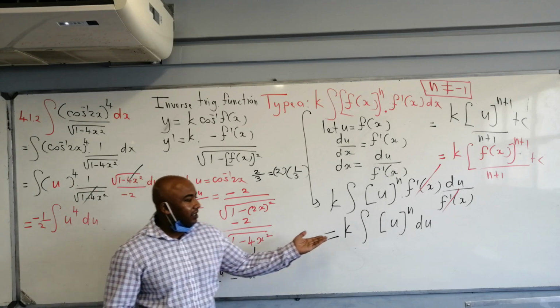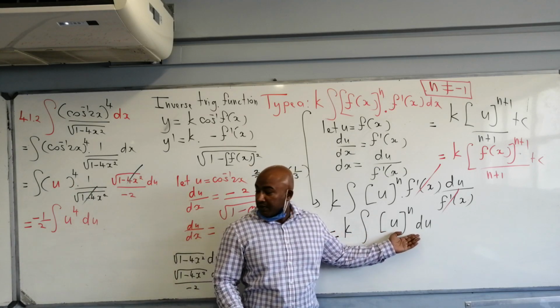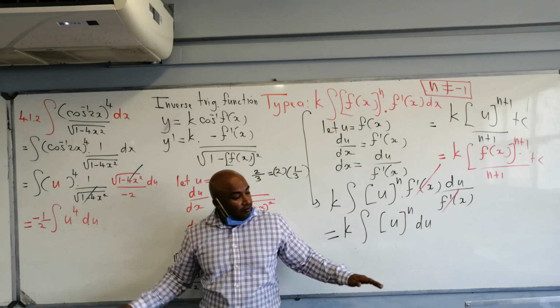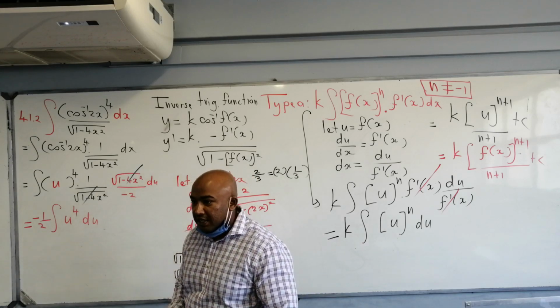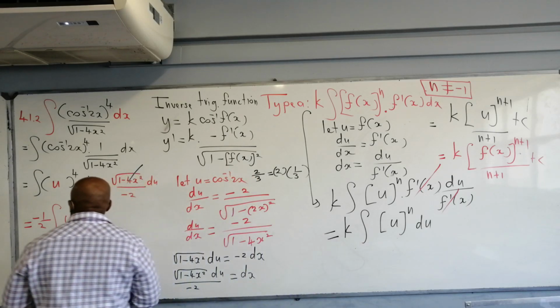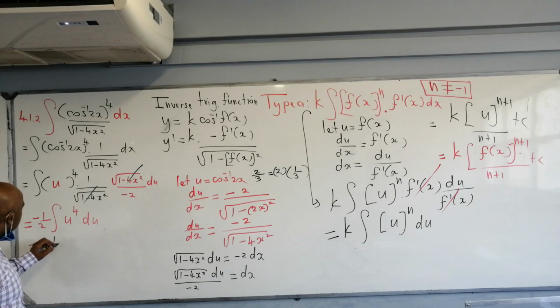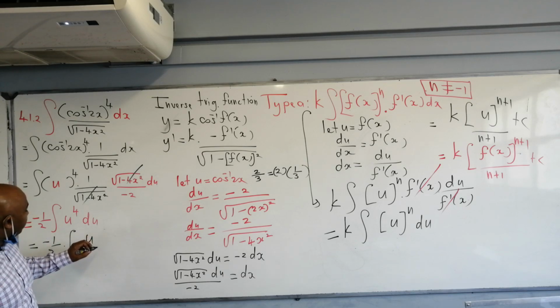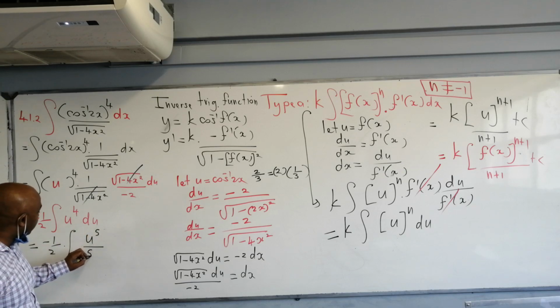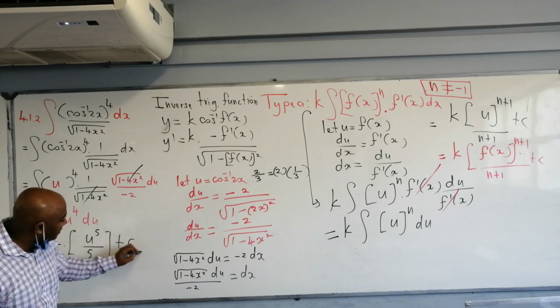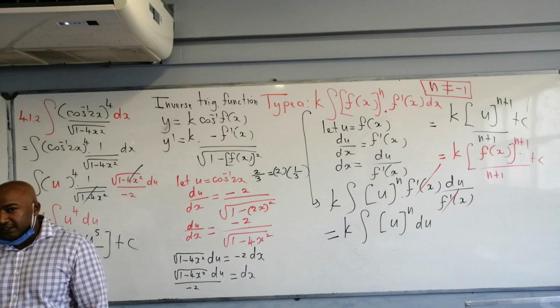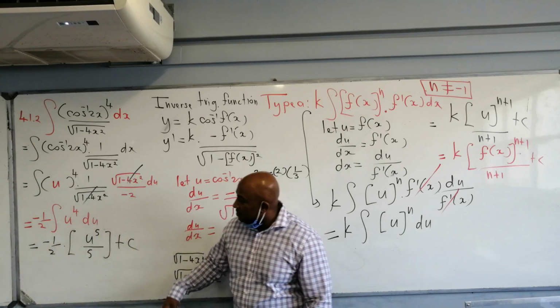Type A. You always come to something like this. There's a gem. This is where we are now. You can see that. Compare. Now integrate, substitute. So this is going to be -1 over 2 u to the power 4 plus 1 will be 5 over 5 plus c. And now you're done.